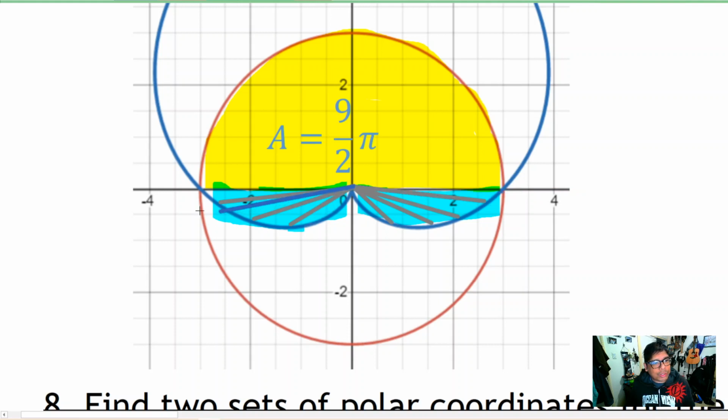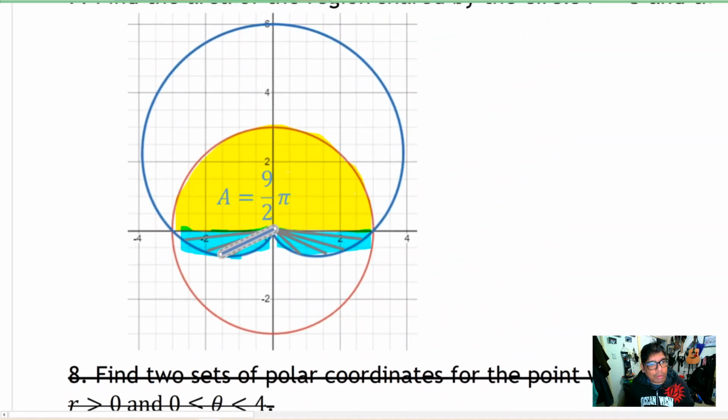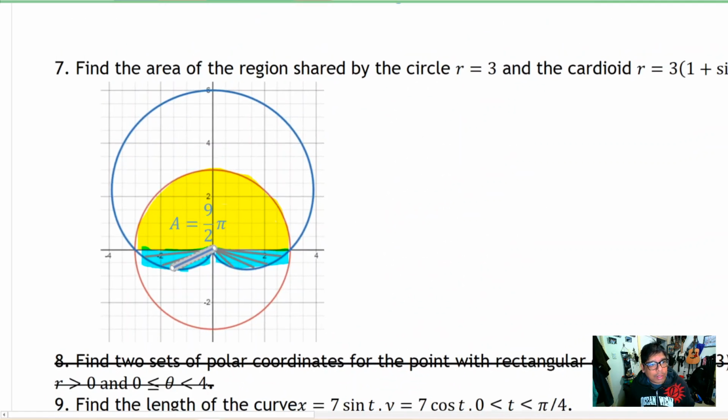Now we also see that going from pi to 3 pi over 2 is the same as going from 3 pi over 2 all the way to 2 pi. So this is kind of symmetric, and I'll show you how that symmetry works in 1 second. So I think we have all the information we need to find the area of the shaded region.